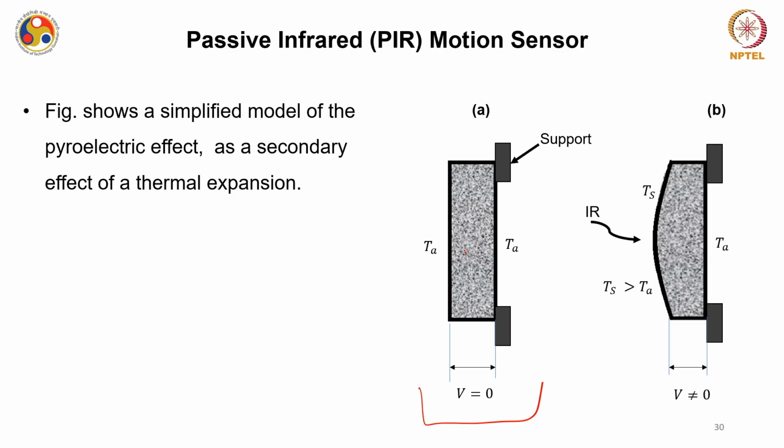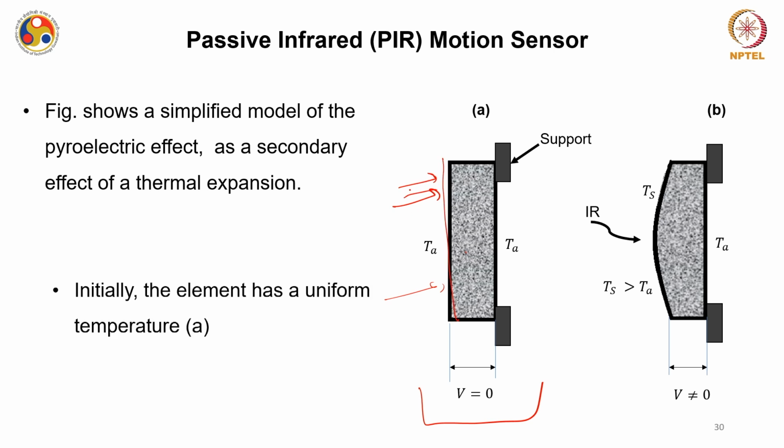So this is the object, and this is the interface at which the sensor will be exposed to thermal radiation. Initially the element has a uniform temperature, so on both sides the temperature is TA.